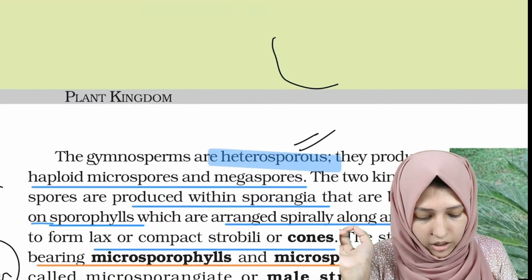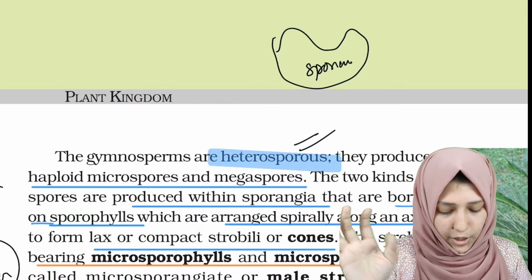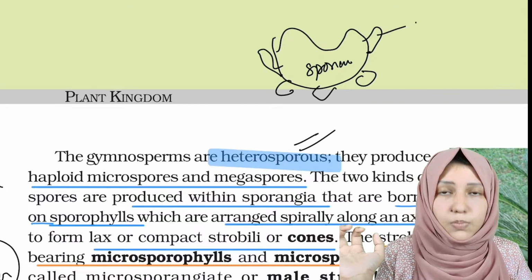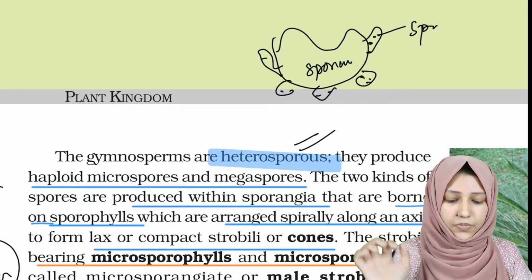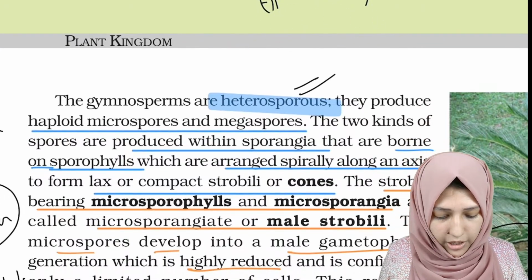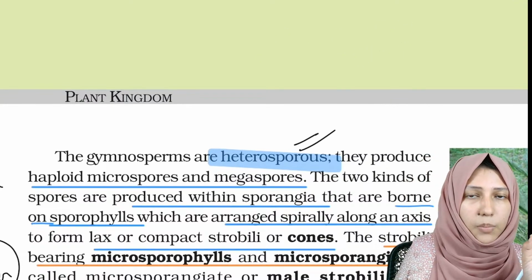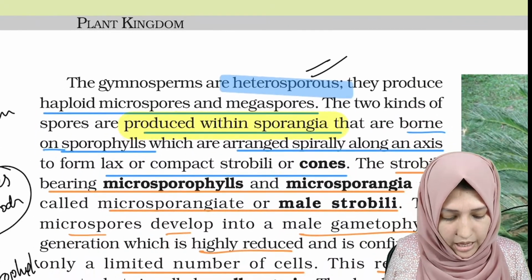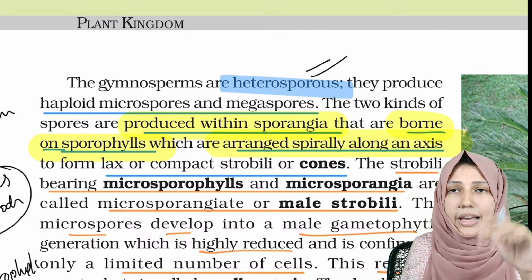Just remember, think of this structure as the sporangia, and in this structure there will be leaves known as sporophylls, and on these sporophylls there are spores. The spores are produced within sporangia and borne on sporophylls, and these are arranged spirally along an axis.